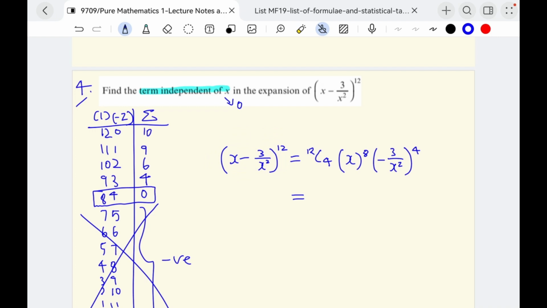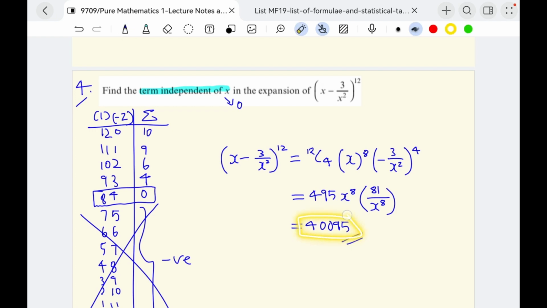So key in 12C4 in your calculator, 495, times 81. In the end, you will get 40095. That is your final answer because the question only wants the constant.